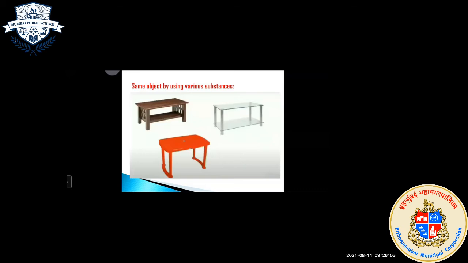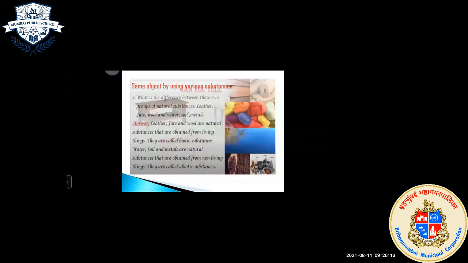So depending upon the properties and depending upon our purpose, we can use this. Okay. Now, till this, I consider that you have understood the concept of substances and objects very well. Now, let's go ahead. Now, here in this picture, what do you see?